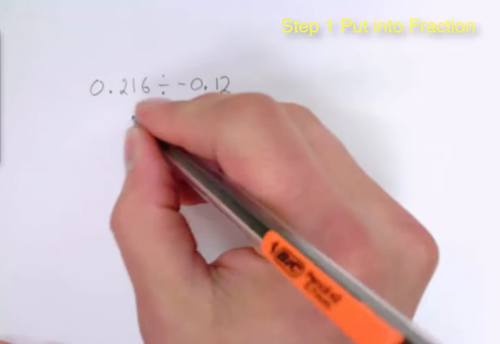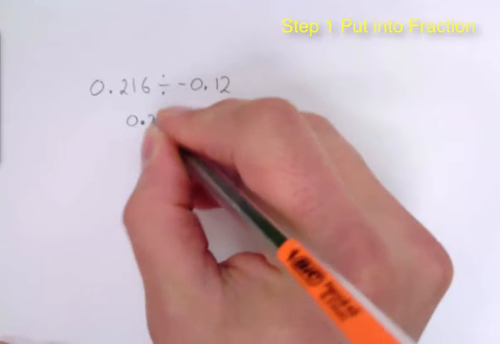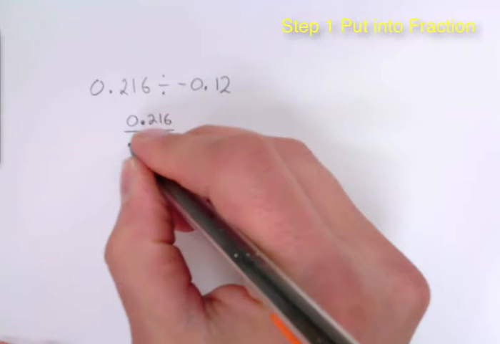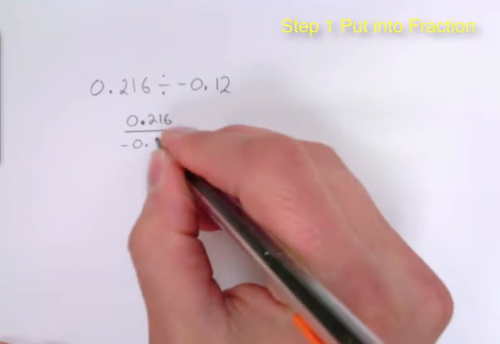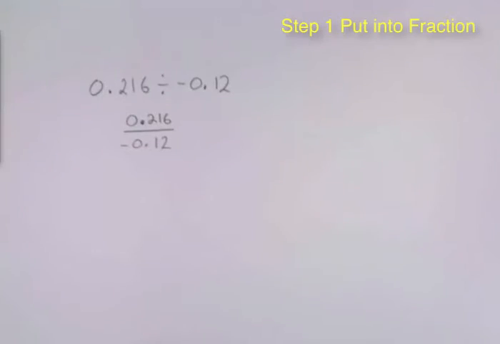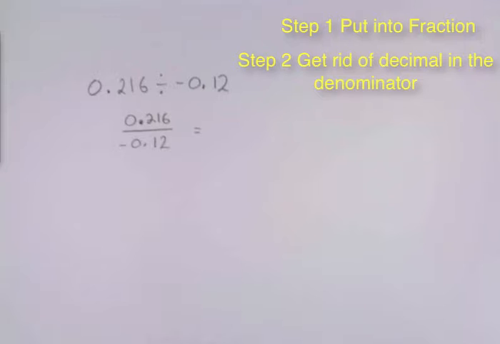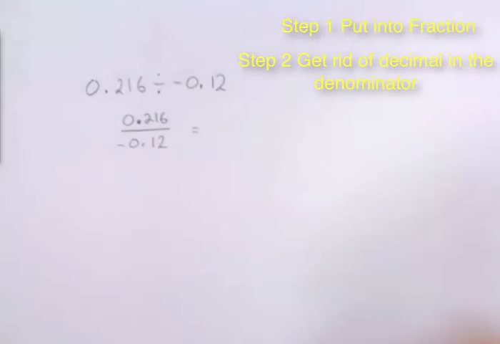So I'm going to have 0.216 over negative 0.12. Now, once again, I don't want my denominator to have a decimal. It's okay if my numerator does in this case. I know in real fractions you want them both to not have a decimal. But here, I just don't want my denominator to have a decimal.